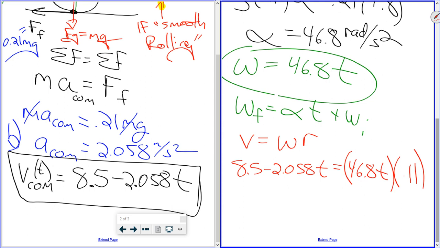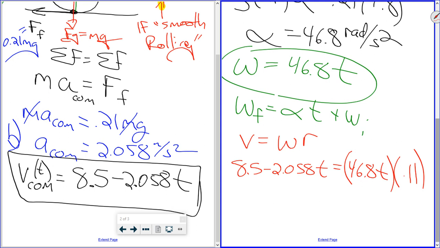And then solve for t, and then the rest of the problem kind of falls apart, I think, right? So does that make sense? So now we have an equation. We can solve for time.